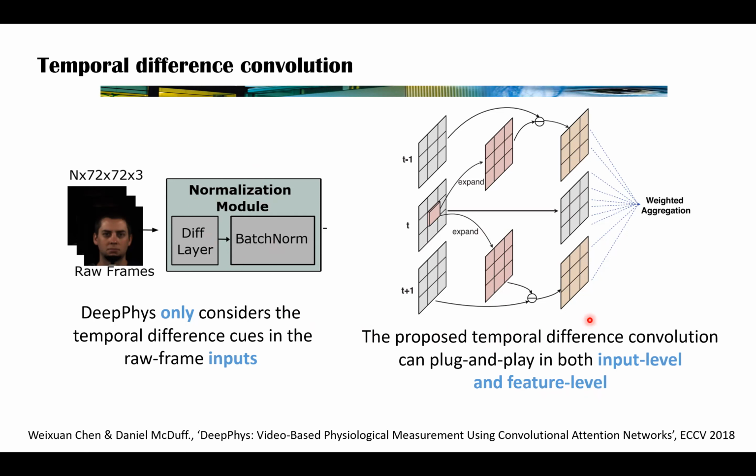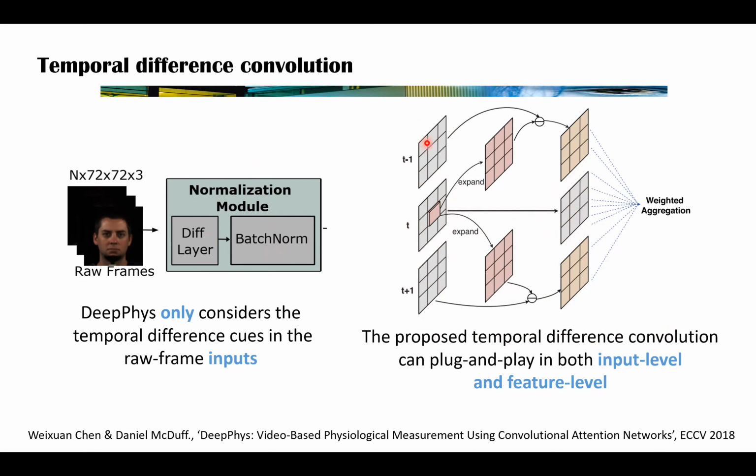So we can embed this difference mechanism into the convolution. So we propose the temporal difference convolution. In this convolution, you can see that we consider the kernel equal to 3. In this case, we just consider the current frame, the previous frame and the future frame, right? For the current frame, we just calculate the spatial convolution.